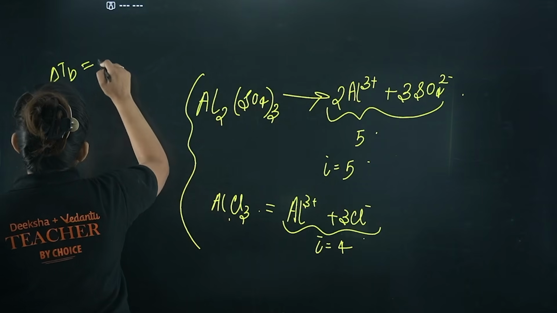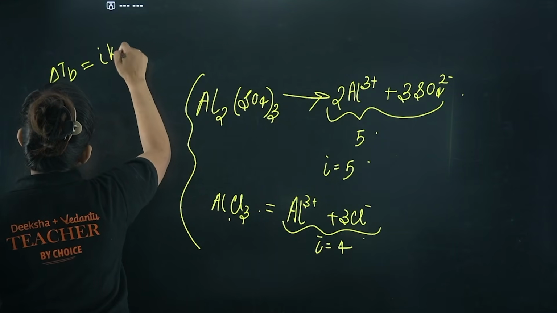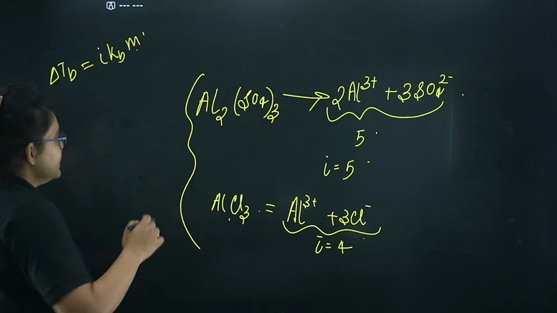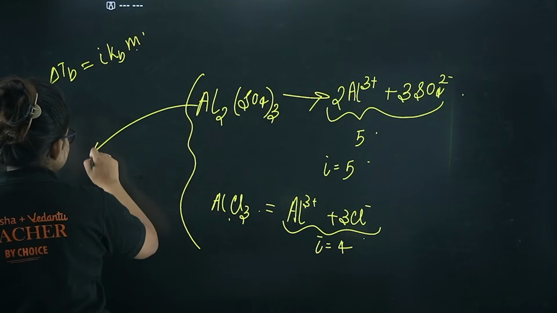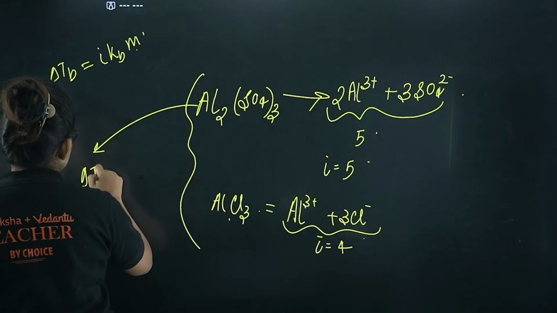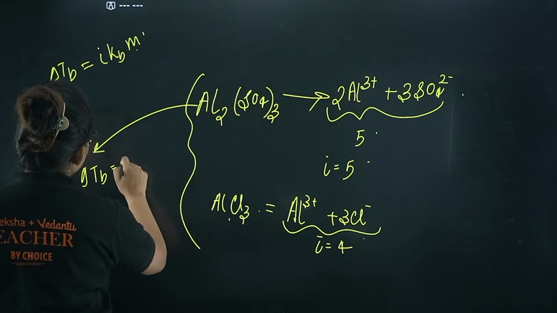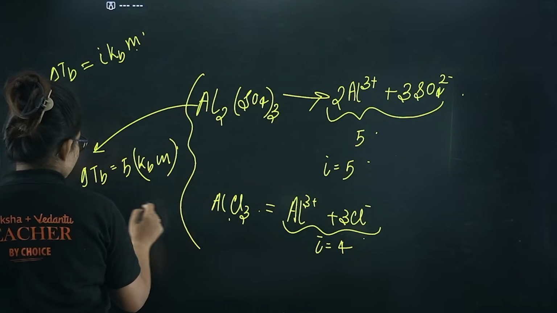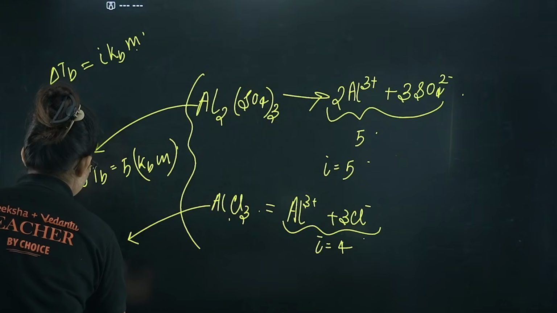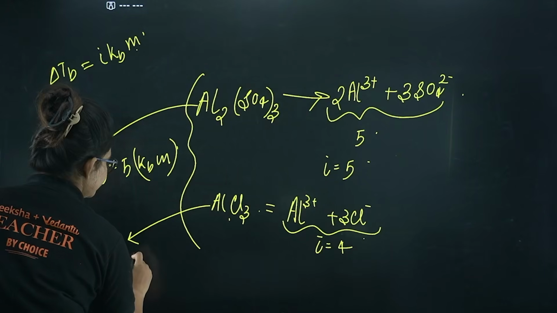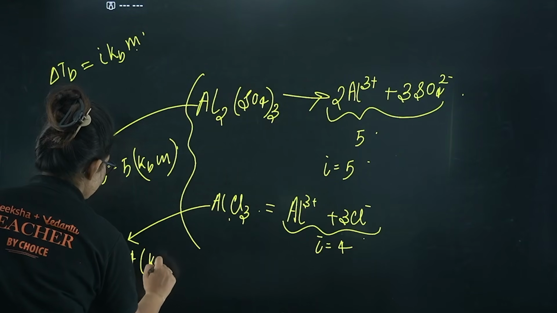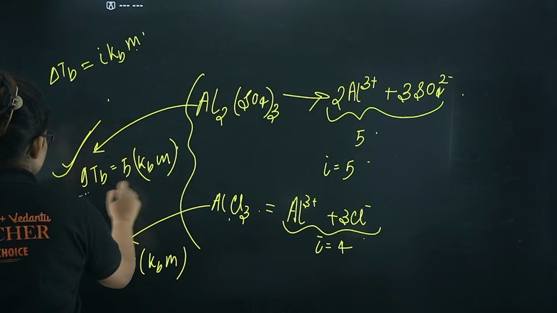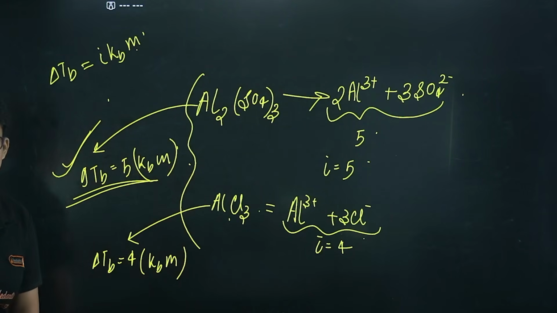The formula I can apply is delta Tb = i Kb m. m is equal for both cases, right? For this case, delta Tb equals 5 into Kb into m, and for this case, delta Tb equals 4 into Kb into m. So definitely the first is going to have the maximum elevation in boiling point.